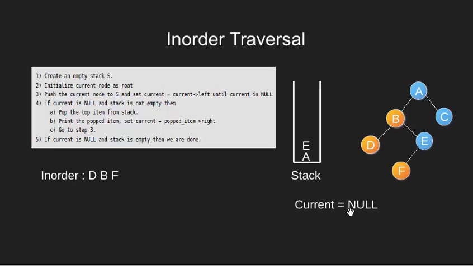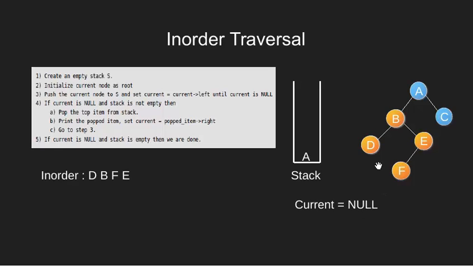We now go to step 3. Since current is null, step 3 doesn't do anything. We come to step 4, and since the stack is not empty, we pop and print the top of our stack, which is E. Now we make current point to the right of E, which is null.